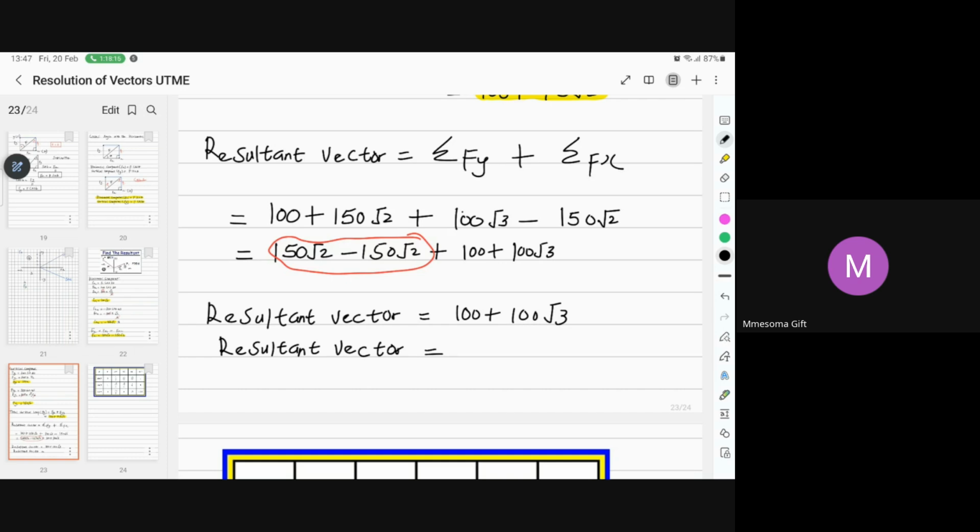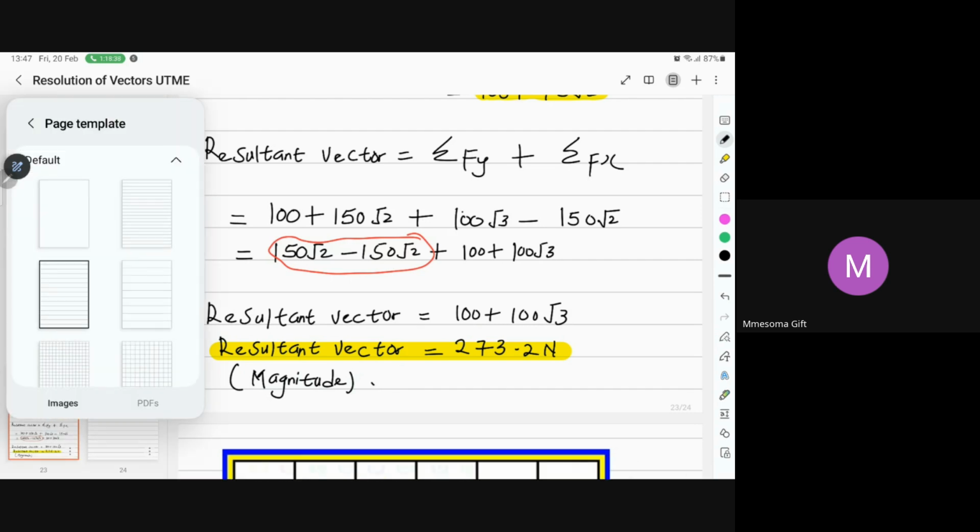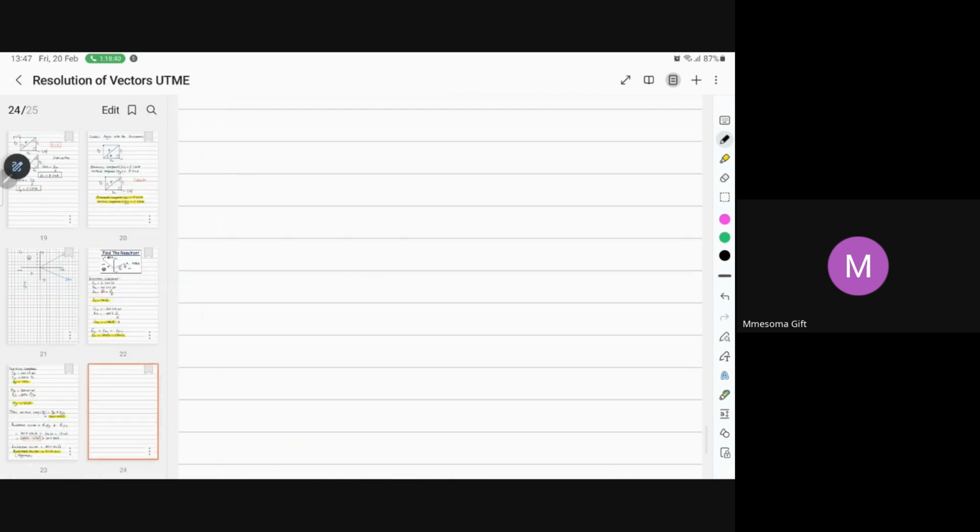So we have 273.2 Newton. So now this is the magnitude. Remember, this value you got here in bracket is the magnitude of the resultant vector, right? Now to get the direction of the resultant vector, how do we get the direction?